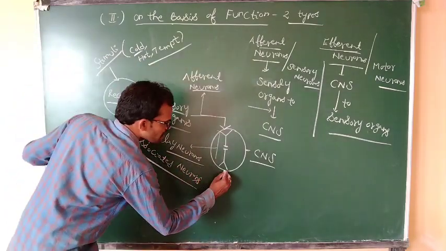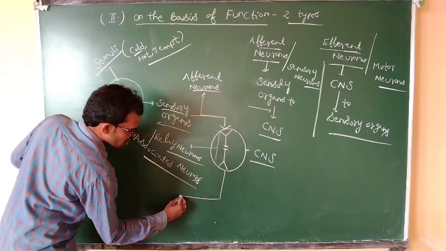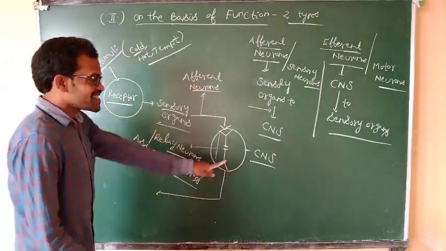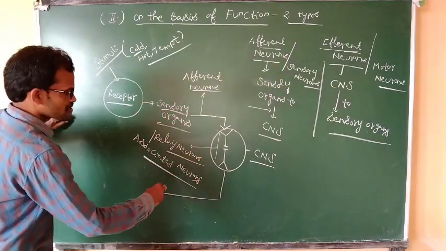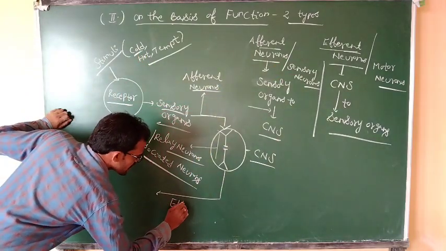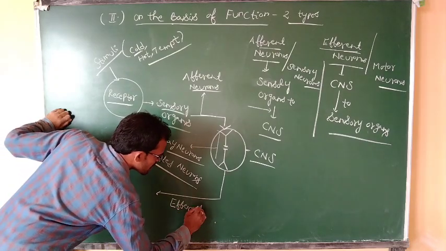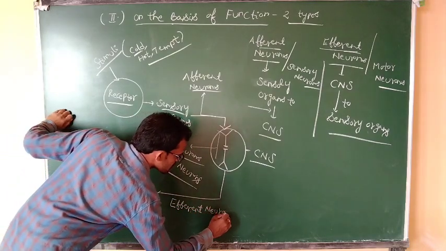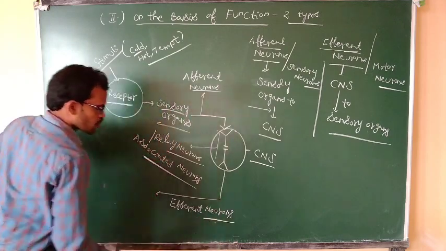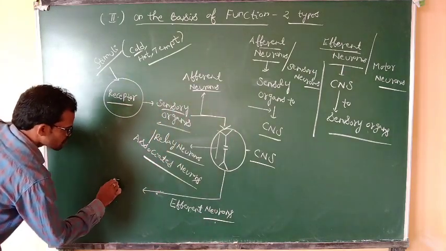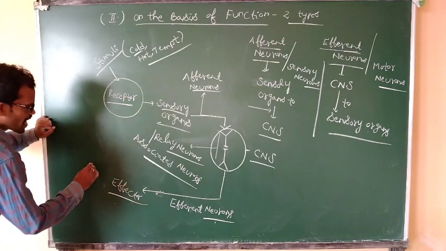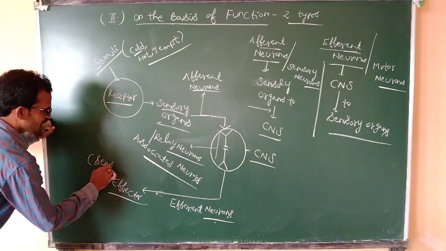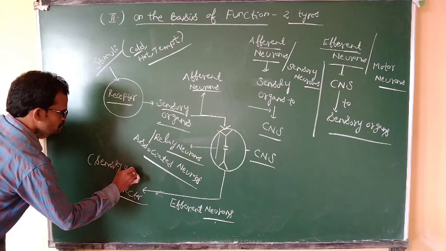After the information is received, they will send it in the central nervous system to motor neurons. The efferent neurons will send the message to the effector. Effector means sensory organs.